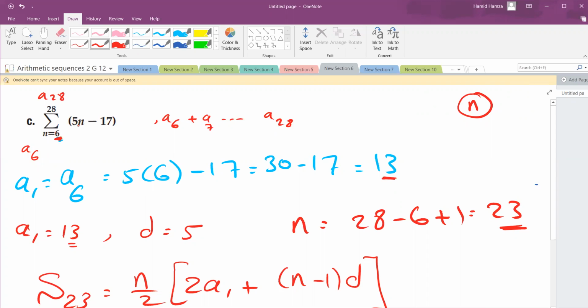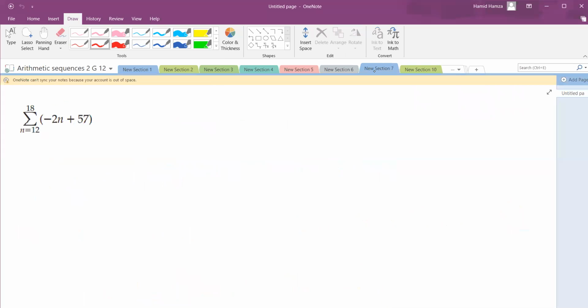But I will not need it, because the first term of the summation is the term which I wanted to start adding from. So I wanted to start adding from A6. So A6 in this case represents A1 of the series.